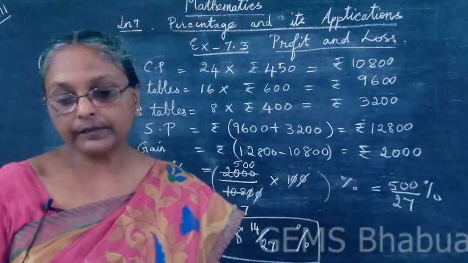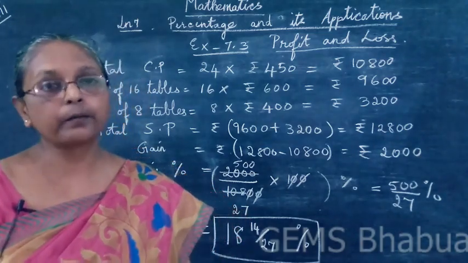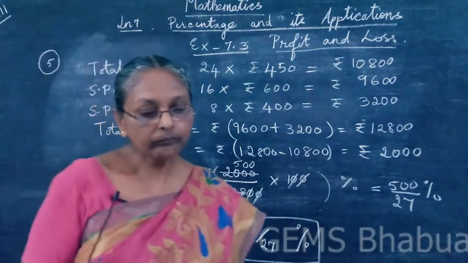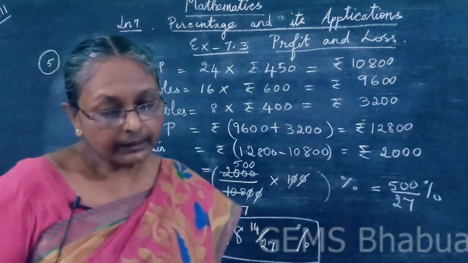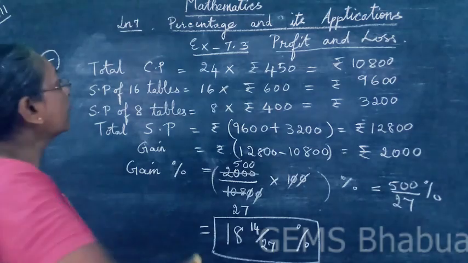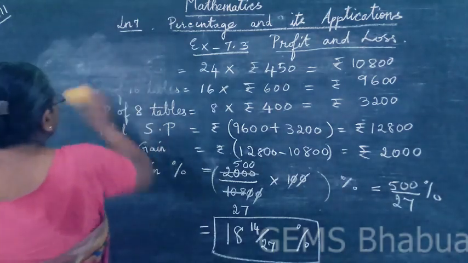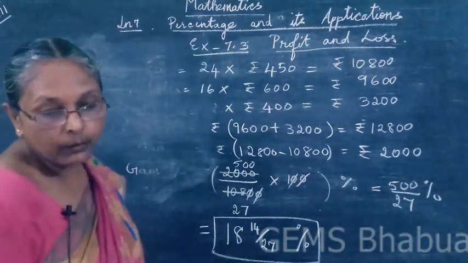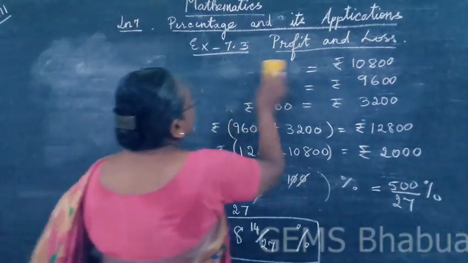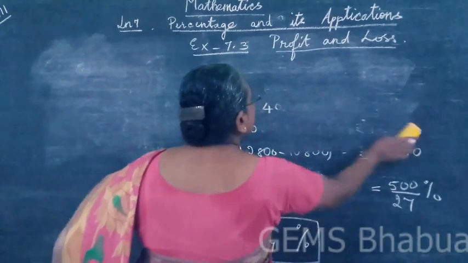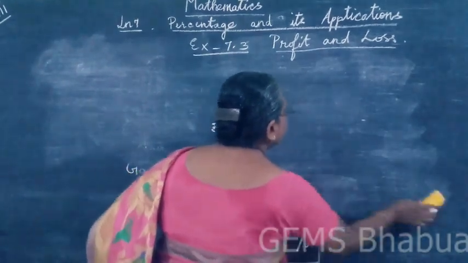Find the cost price of the almirah and his loss percentage. So, the almirah is sold for how much? Rupees 3,906.